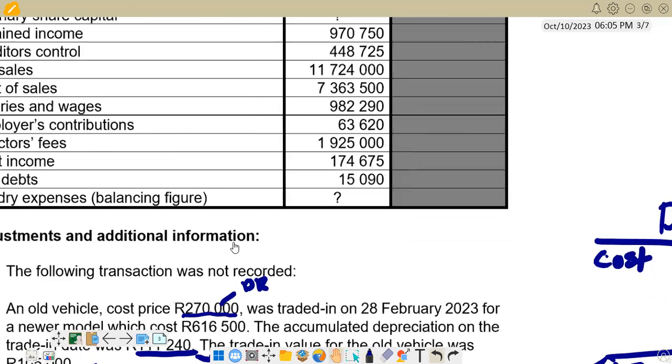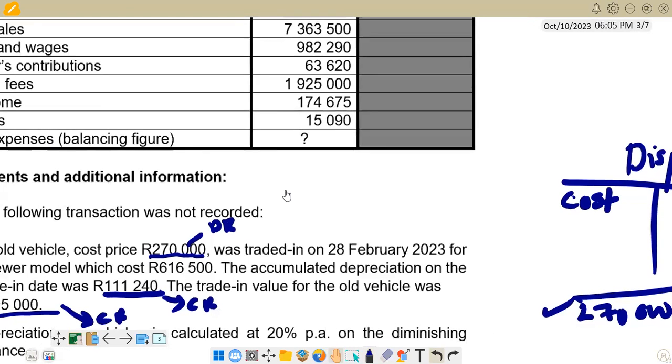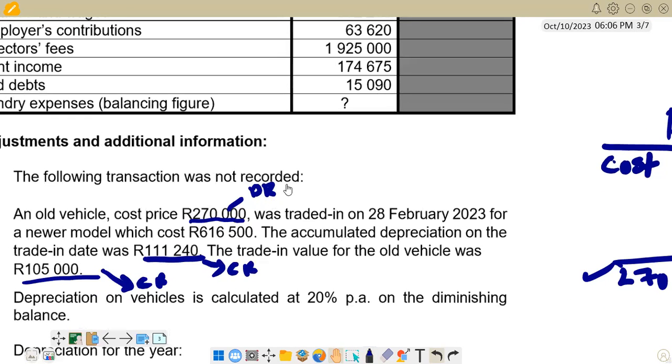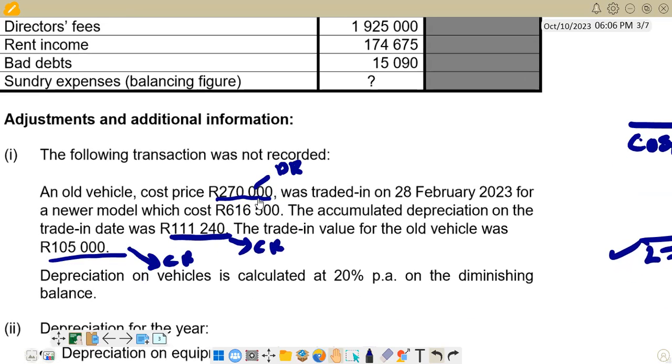And remember, let's take note here on the trade-in. The date that this old vehicle was disposed of is 28 February 2023. And remember, 28 February 2023 is the date of the end of the year. It means this old vehicle stayed in the business for the whole year.